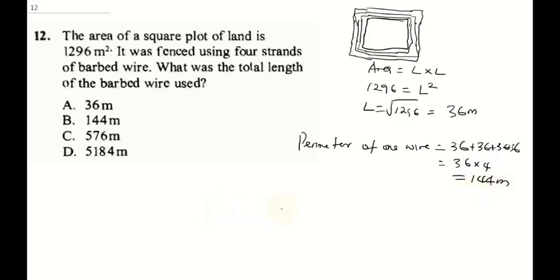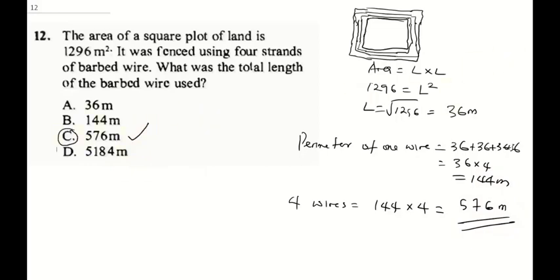Now, since we have 4 wires, it's going to be 144 multiplied by 4. When you do 144 multiplied by 4, you are going to get 576 meters. And that's the correct answer, which is C.